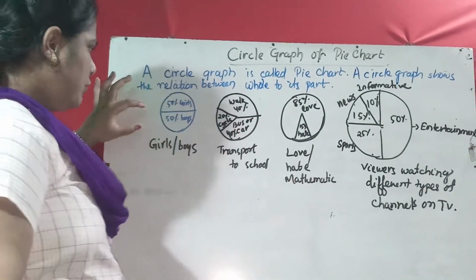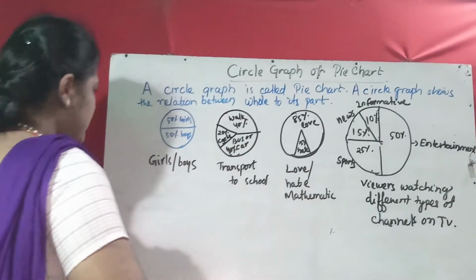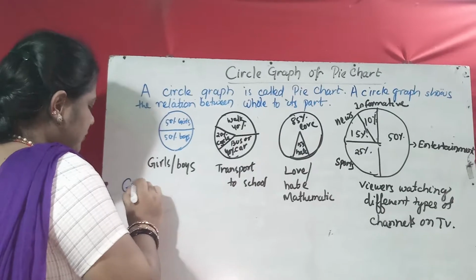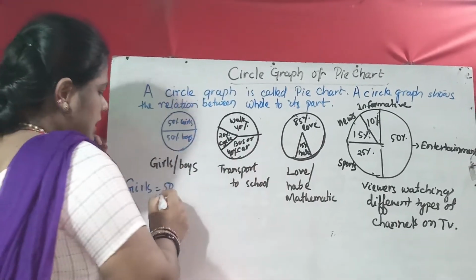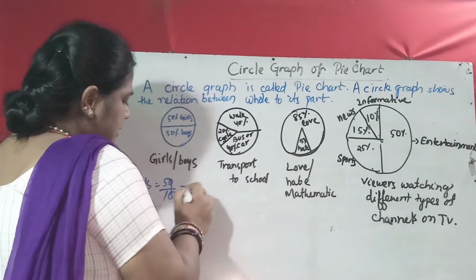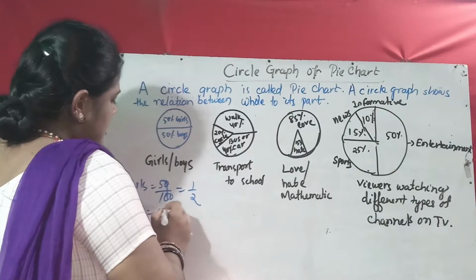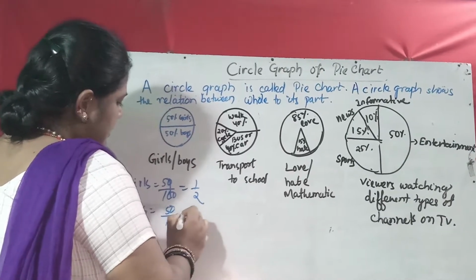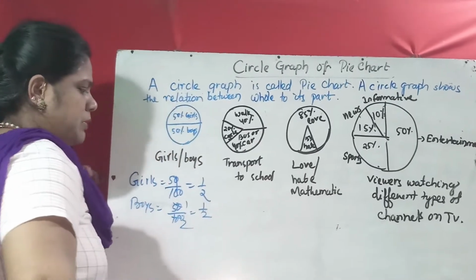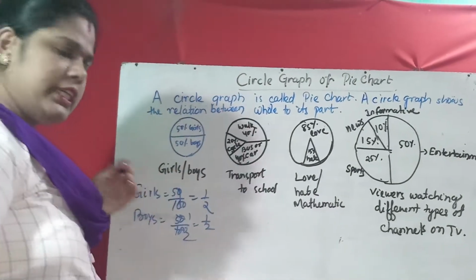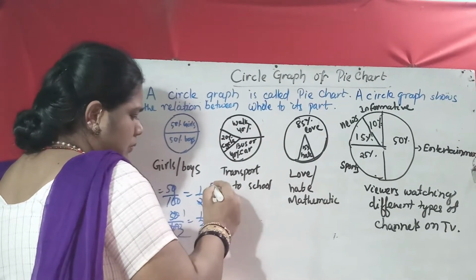That means if you find the proportion or fraction, girls is 50 by 100 if you take total 100%, that is half. Boys is also 50 by 100, that is also half. So 50%, 50%. If you also find the degree, half of 360 degrees.